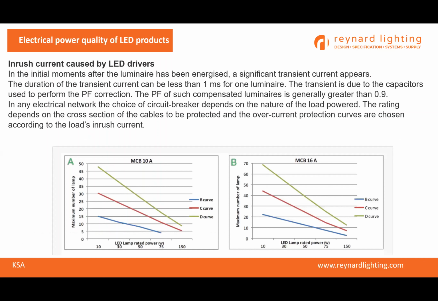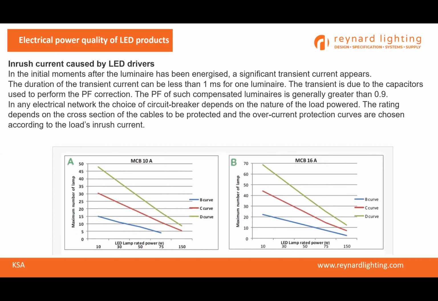Okay, the last electrical parameter is the inrush current. As you know, power factor corrected products correct the power factor by using capacitors, and by using capacitors they generate transient or inrush currents.